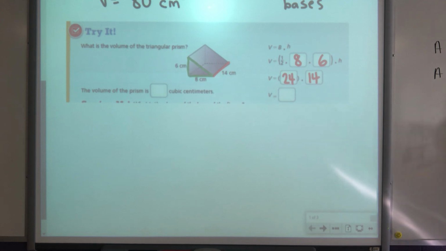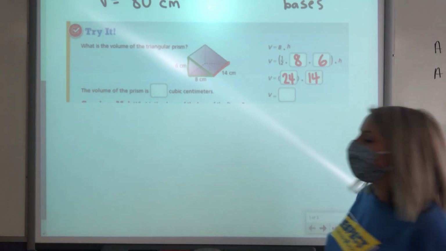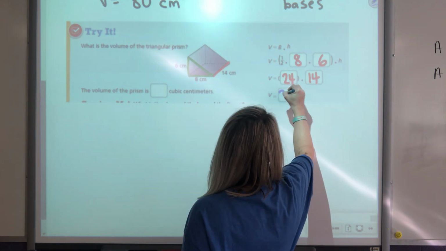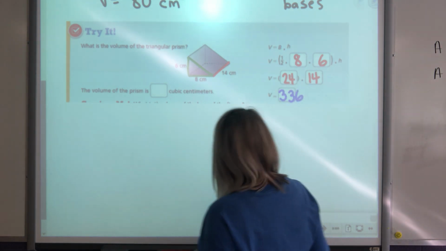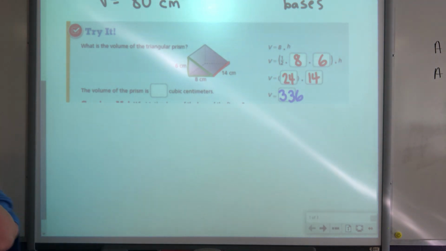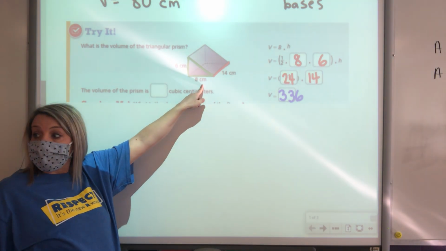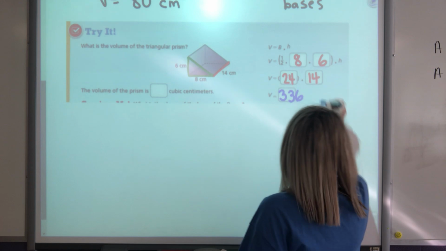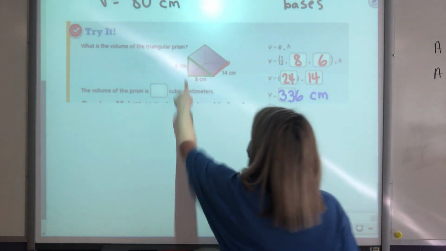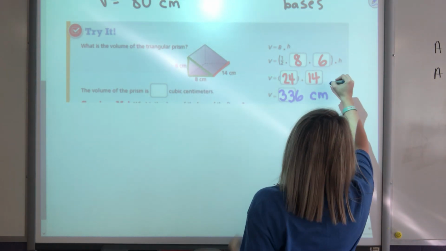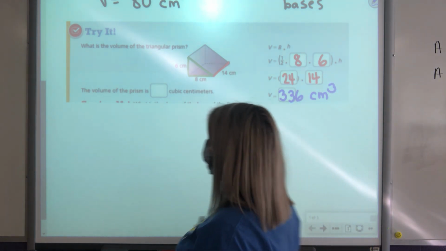What'd you get for the volume of our triangular prism? Caleb? 336. Very good. Now that's 336. What's our unit? Centimeters. So we multiplied centimeters times centimeters times centimeters, so centimeters cubed.